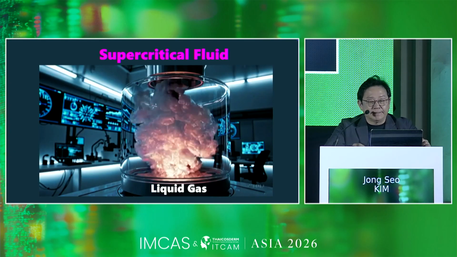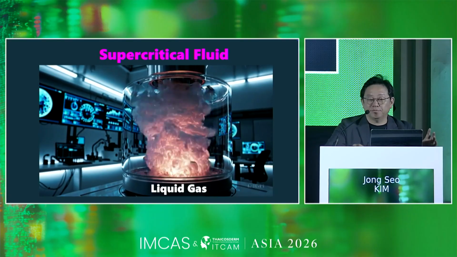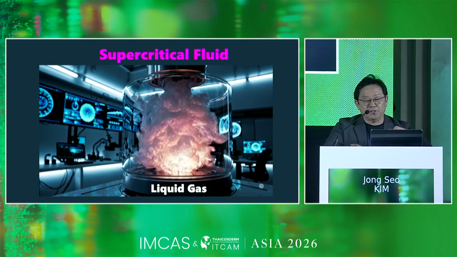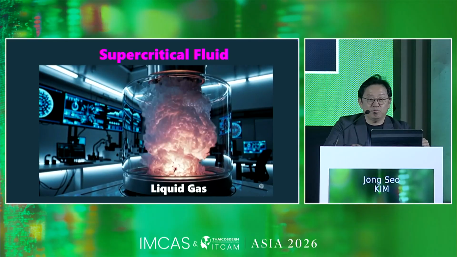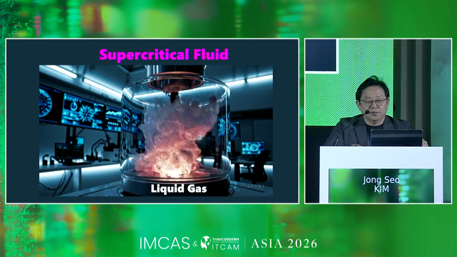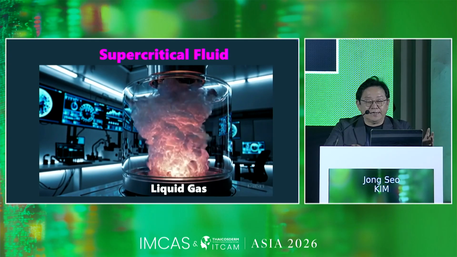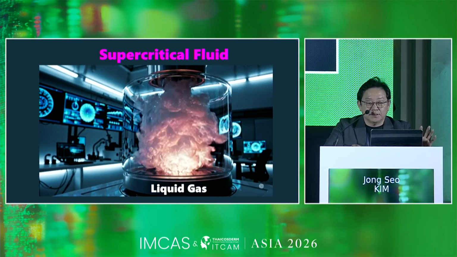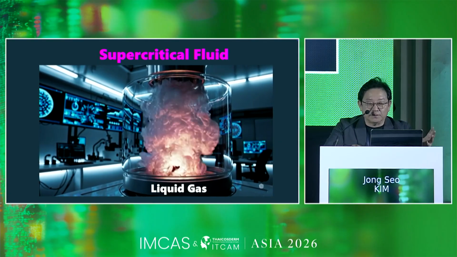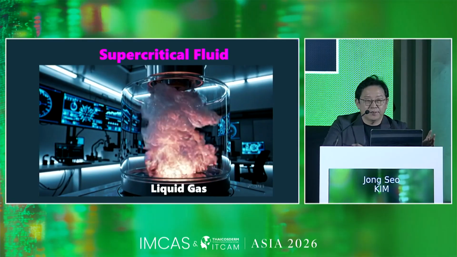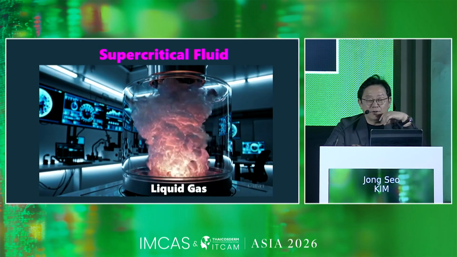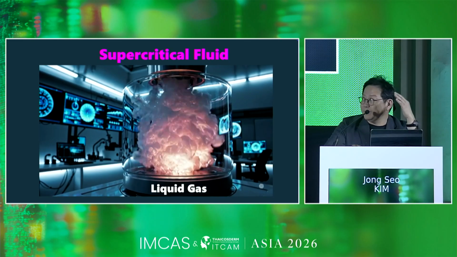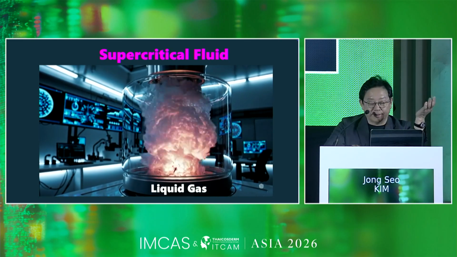Supercritical CO2 fluid is very special, so it can infiltrate very well and remove the antigen while preserving the ECM. Using only CO2 gas, you can remove the antigen. Then after that, the CO2 gas goes out, so it is 100% chemical free, with no remaining chemical product.